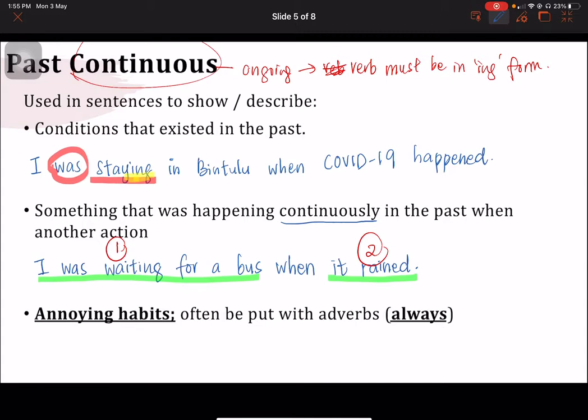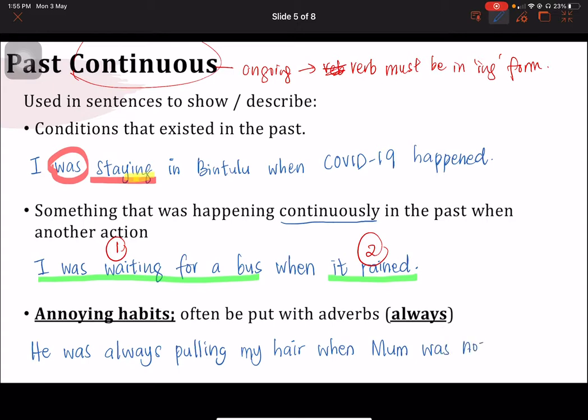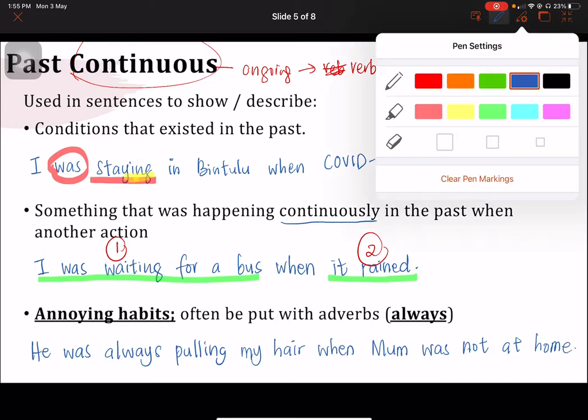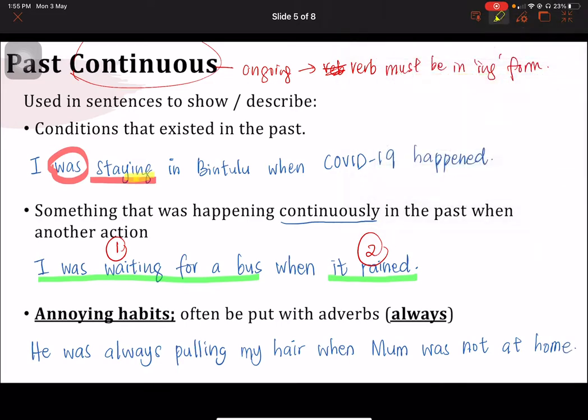So you can say, he was always pulling my hair when mom was not at home. Here we're talking about a habit: was always pulling.